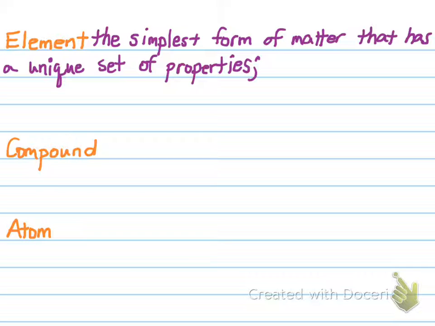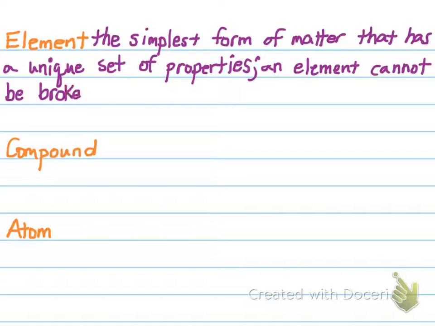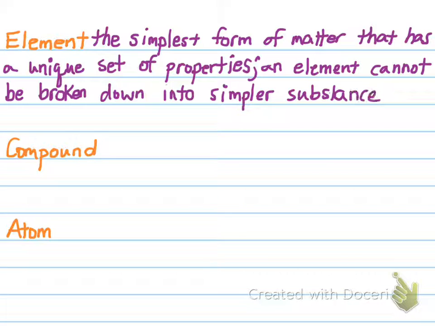Another way to define an element is to say that an element cannot be broken down into simpler substances by chemical means.